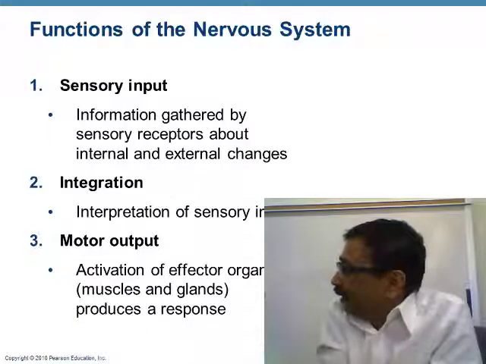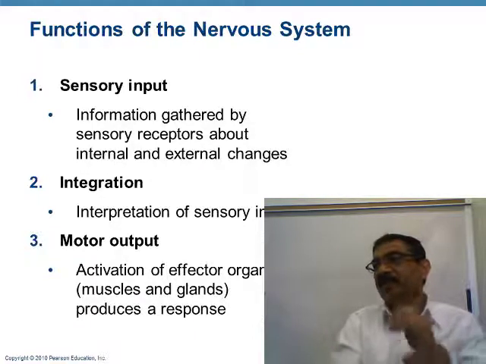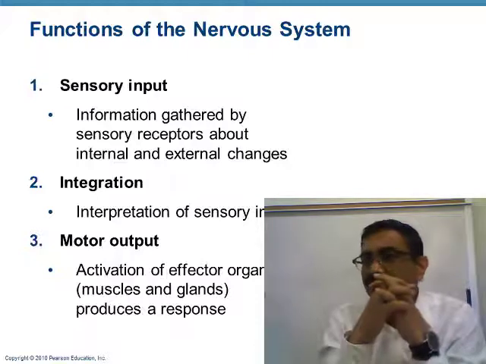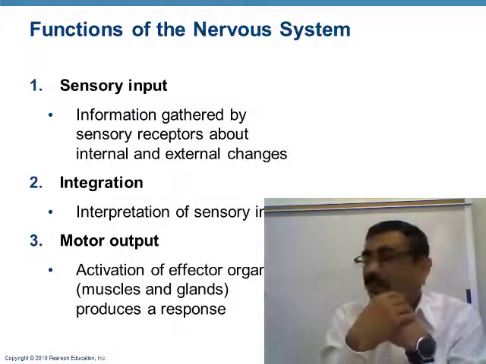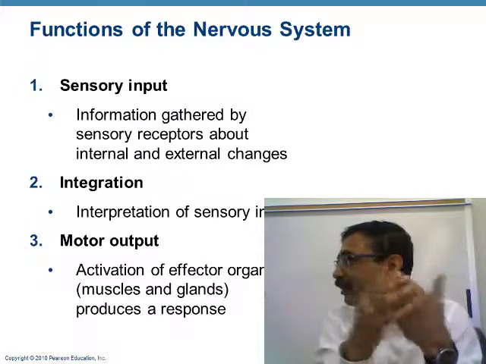First, the function of the nervous system. You know that the nervous system is a powerful control system of your body, so it performs many functions, right? Thousands of functions.